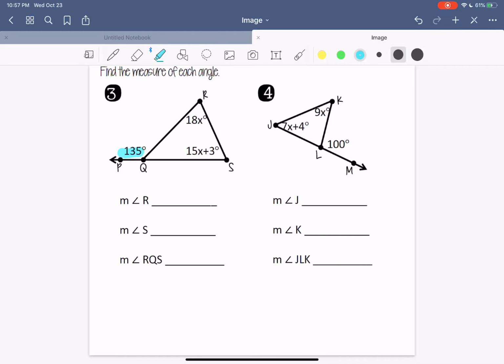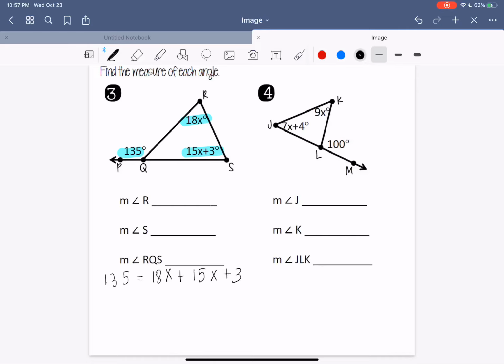If they told us that the exterior angle is equal to the sum of its remote interior angles, remember remote, furthest away, that means we can use our exterior angle and set it equal to the sum of our remote interior angles.